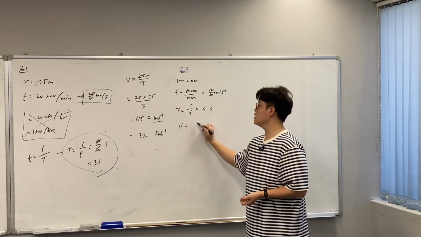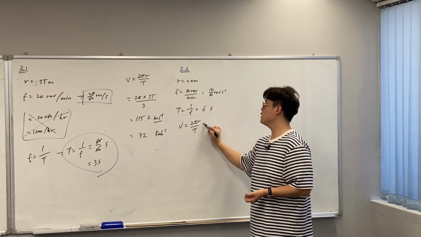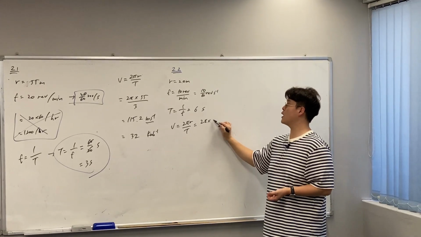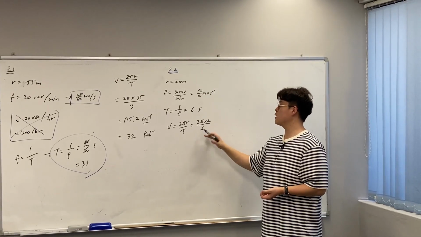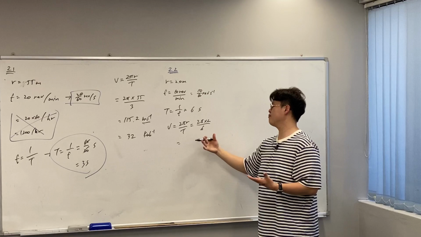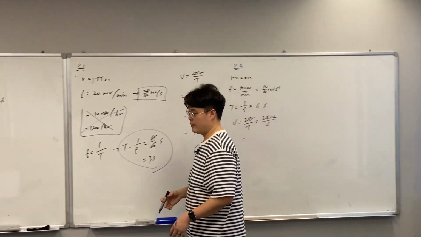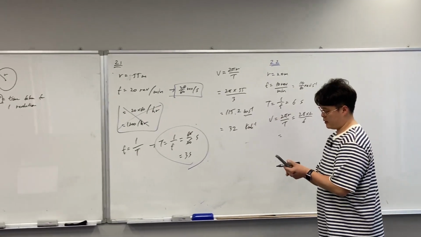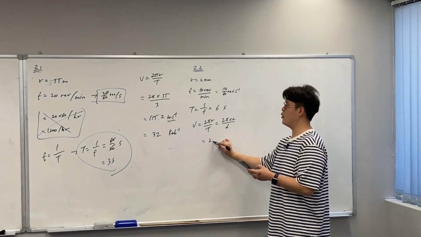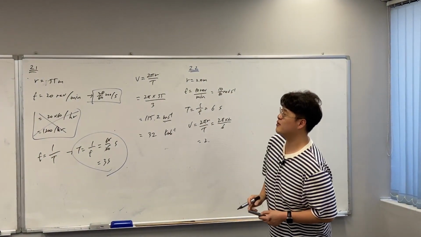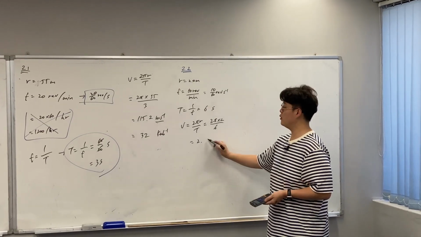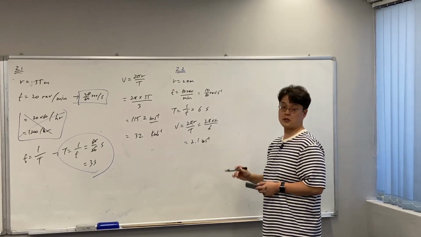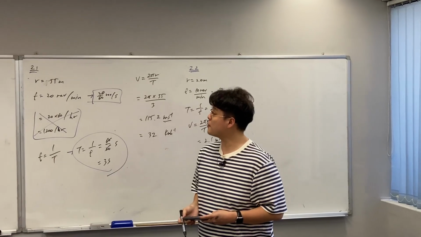The velocity is 2 pi r over t. That's giving you 2 pi times 2 divided by 6. So 2 pi divided by 3, you get 2 point. Given the sig fig, how many sig fig are we given? 2 sig fig. So 2.1 meters per second. Do we need to convert that into kilometers per hour? Yeah, we do.